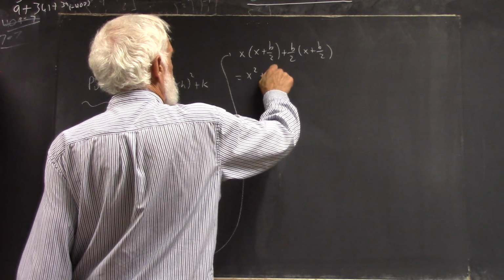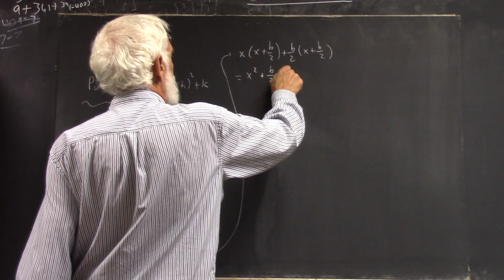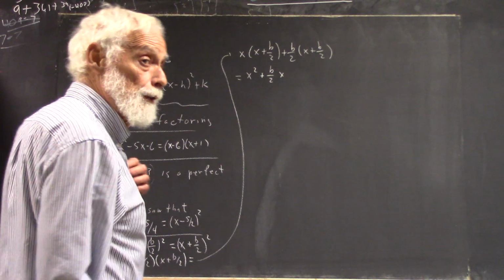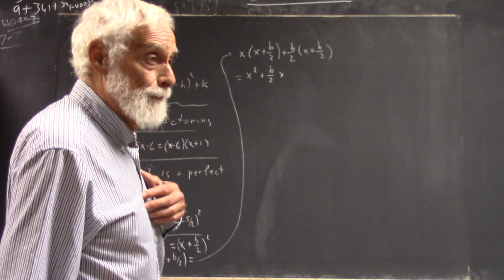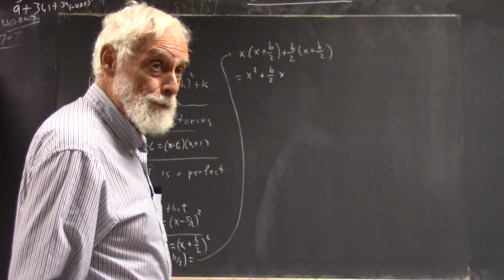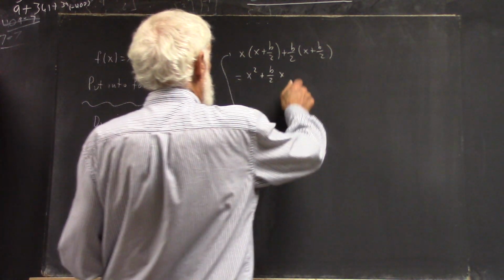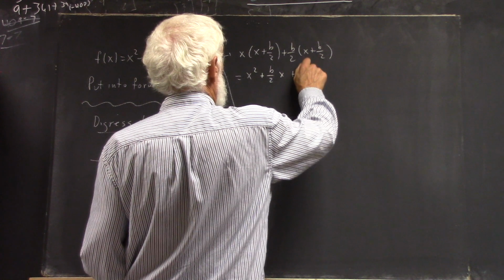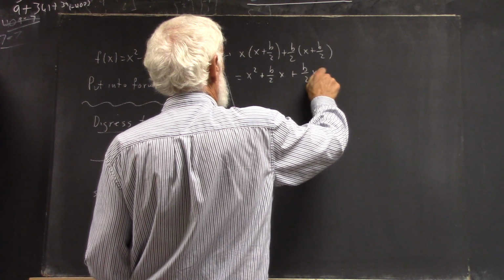Well, it's b over 2, but that's still just b over 2x, isn't it? x times b over 2 is just b over 2 times x. And then b over 2 times x, well, no big surprise, that's another b over 2x.